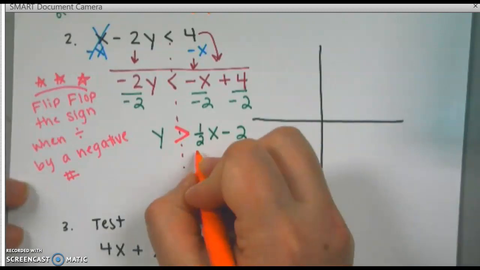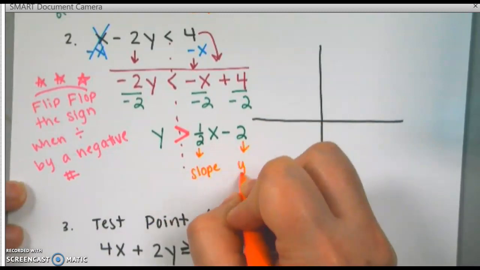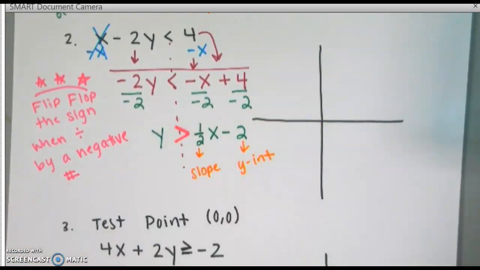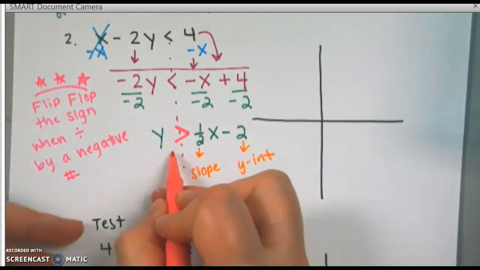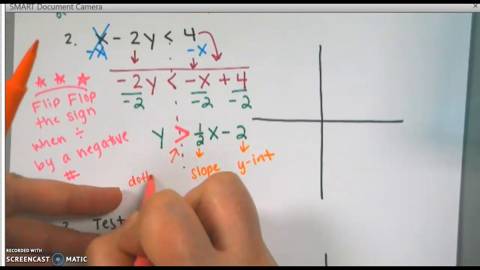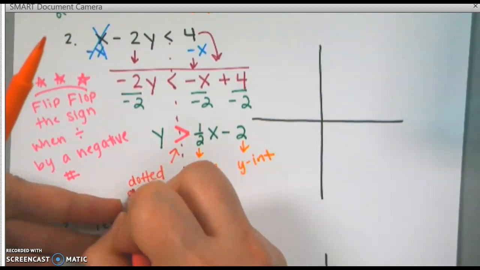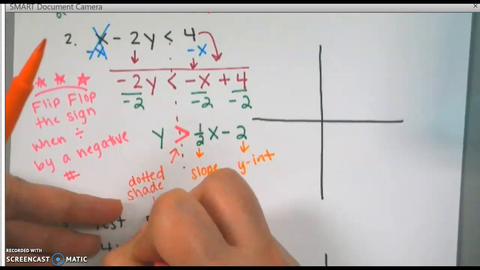So here's my slope. Here's my y-intercept. I can tell from my symbol that's one of the ones that is dotted. And now that I flipped it, it's a greater than sign. So I'm going to shade up.